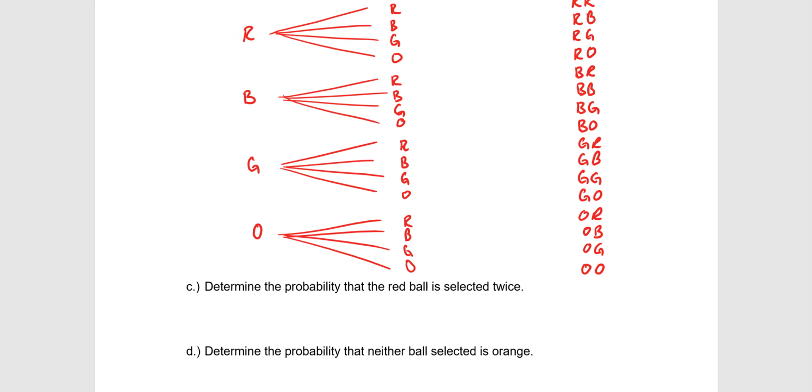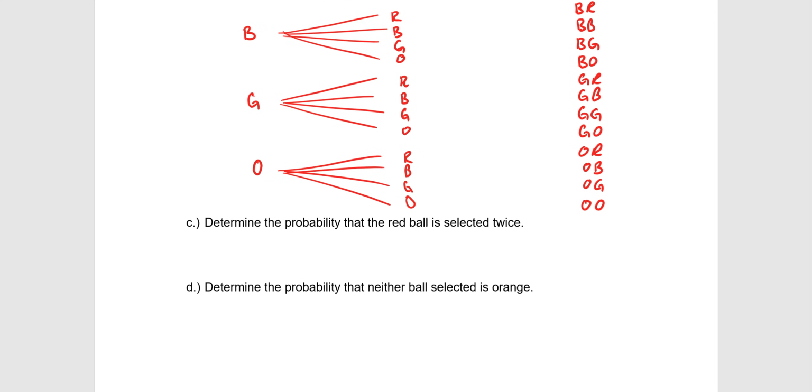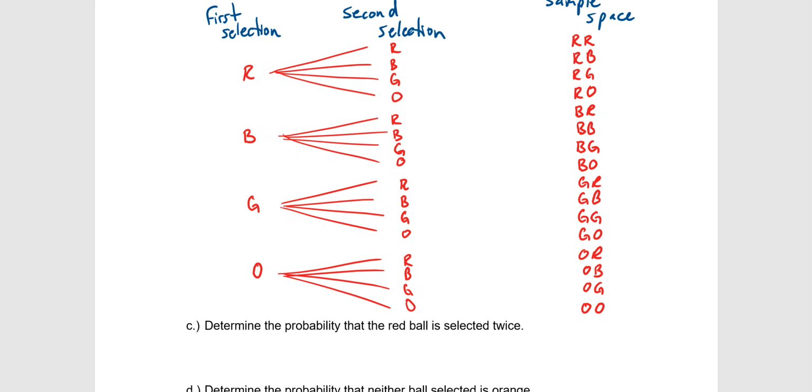And let's go ahead and take a look at these questions. Let's determine the probability that the red ball is selected twice. So we are looking up here for the probability of a red and a red. So the only time we see a red and a red, an R and an R is the first one.